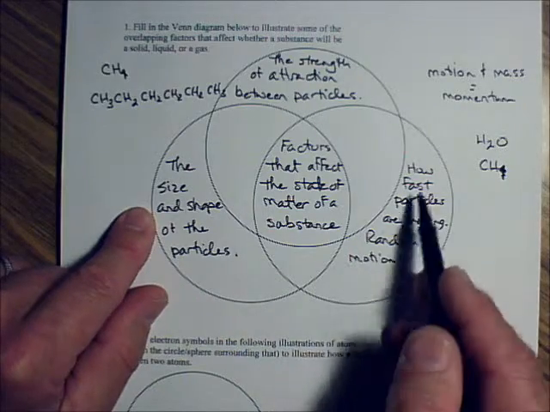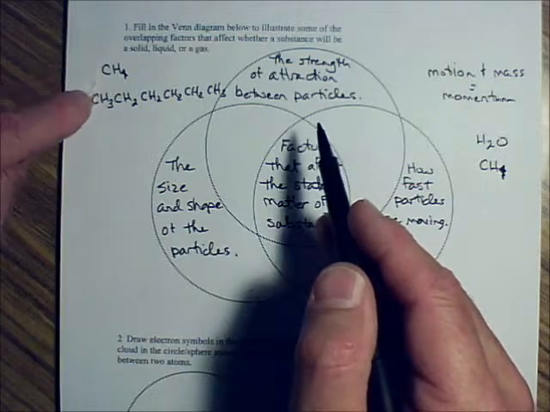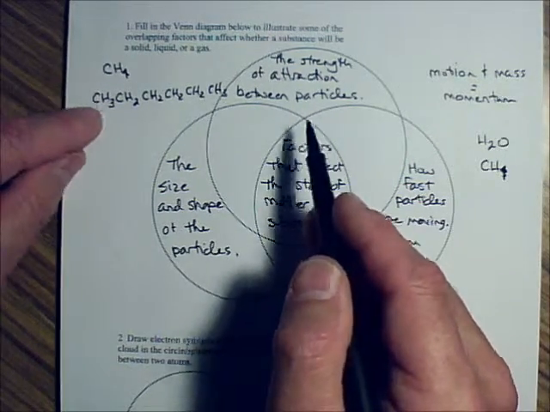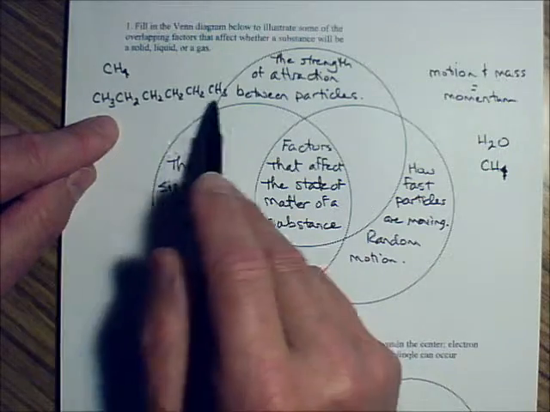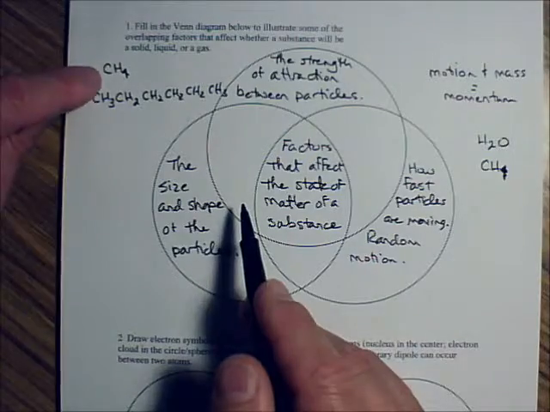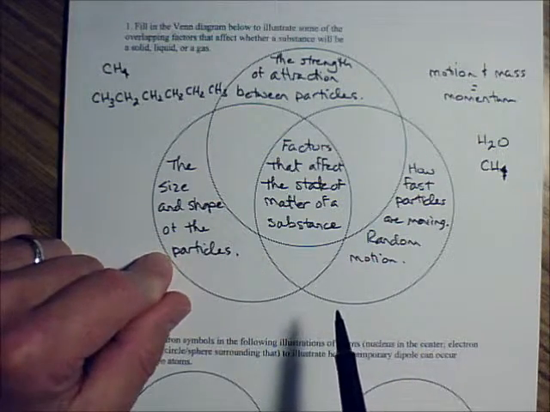The temperature can be the same. The strength of attraction is the same because they're both, well, there's another property we're going to talk about. It has to do with this too, but it affects strength of attraction. But basically, it's the size and shape of the particles that matter. Okay?